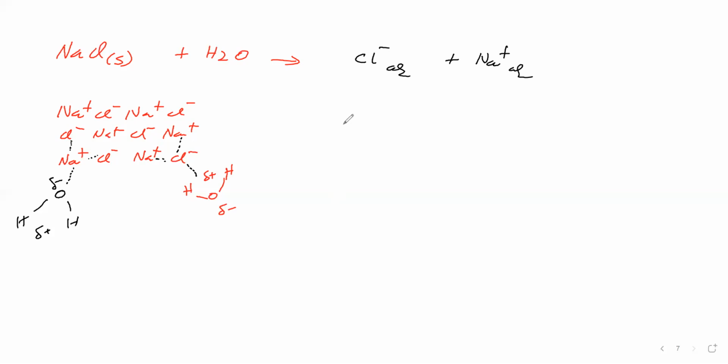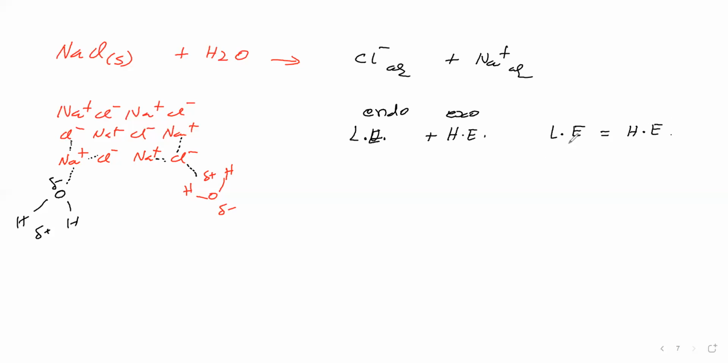Now, lattice enthalpy we can say is endothermic, and hydration enthalpy we can say is exothermic. If both are equal and opposite, lattice enthalpy is equal to hydration enthalpy, and the solubility will be normal.